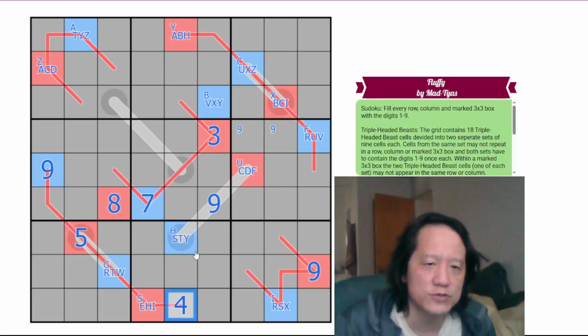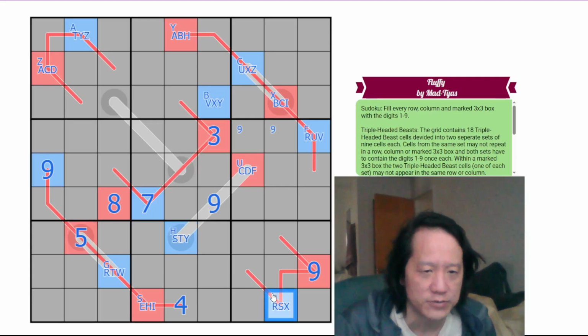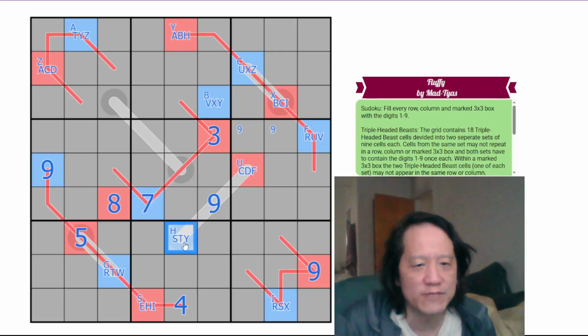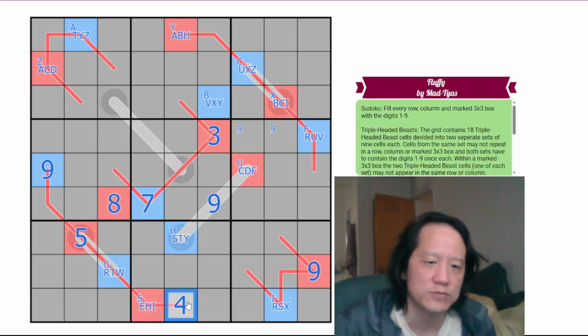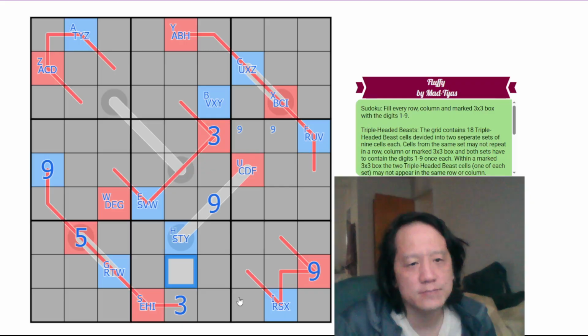You can't have 1, 2, 4, 5 here. Because this is 1 or 2, this is 1 or 2, this is 4, that's 5. That would force this to be 3, because you can't have 7, 6, and another digit. So if you have 7 and 3, to add up to 13, it's 7, 3, and 3. And that's the reason why 4 doesn't work. So we know this is guaranteed to be 3.